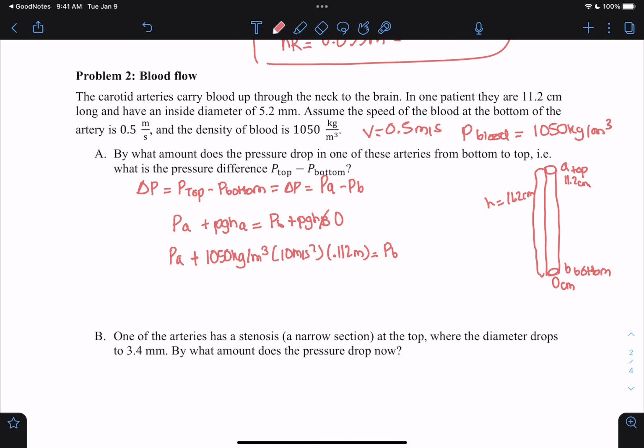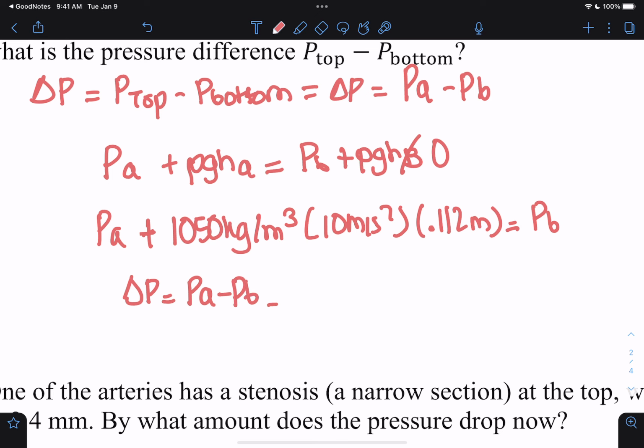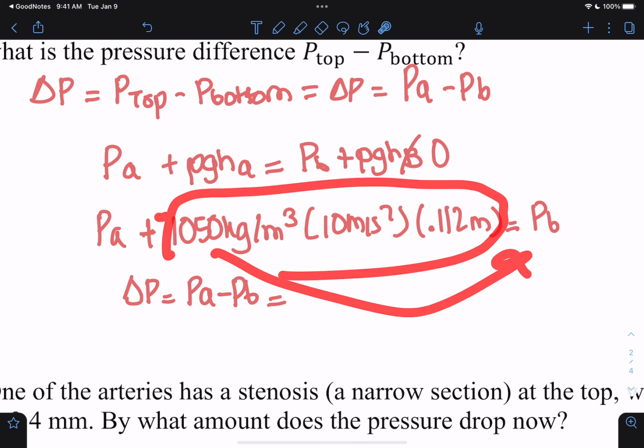Right? So in that case, now we're just looking for the pressure difference. We said the pressure difference was top minus bottom, PA minus PB. So if we do that, PA minus PB, we subtract over this term, then we can see that delta P is equal to PA minus PB, and that's equal to the negative of this whole thing because you subtract it over.